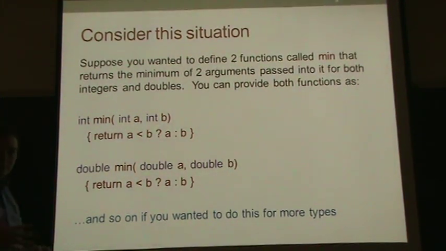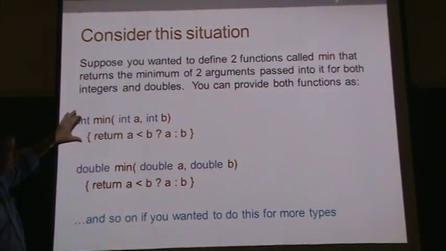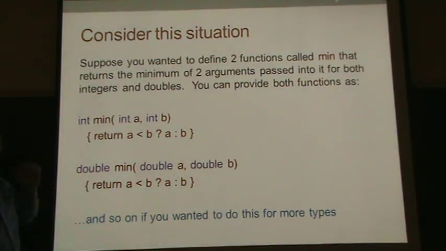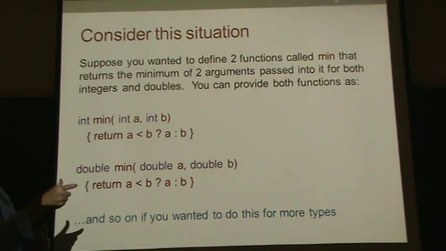So right off the top of your head, you start to think, well, this might be a common function for many different types. Wouldn't it be nice if I could write it once? So if you were to write it once, what would you have to do? Make it generic. Well, what's the thing that keeps changing? What keeps changing is the type. The logic is all the same, right?